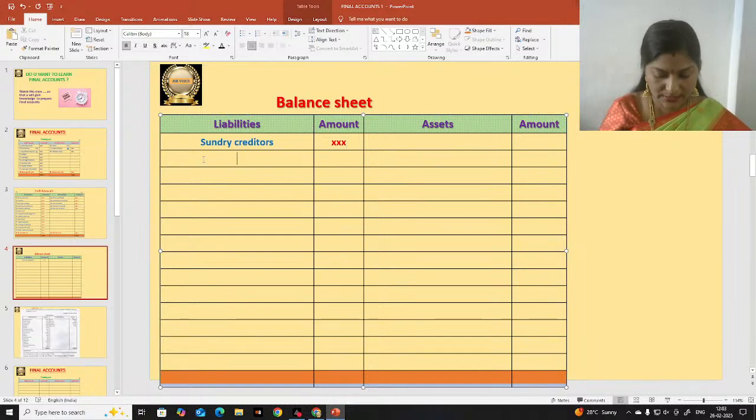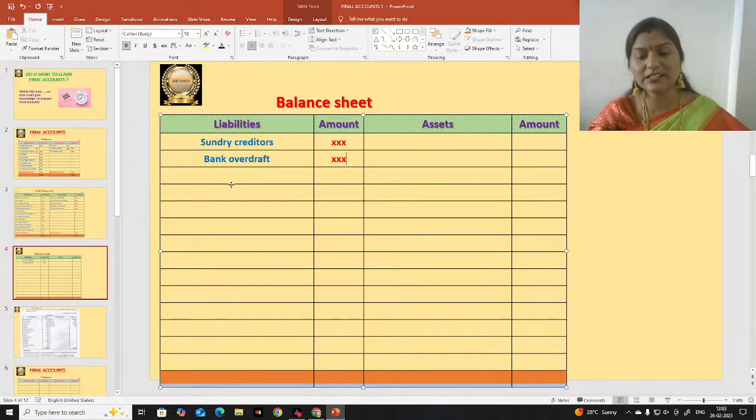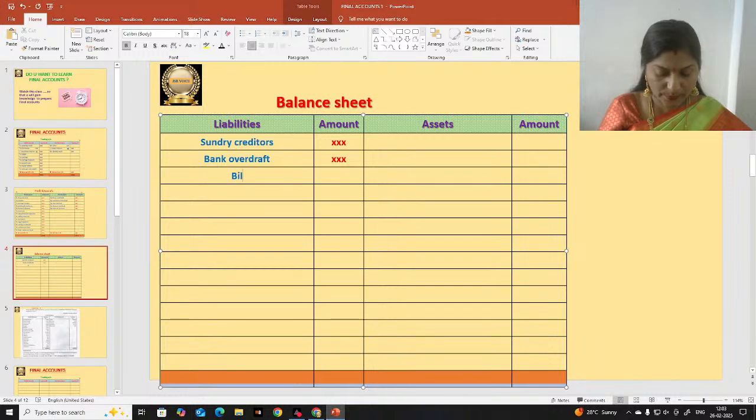Next liability is bank overdraft. Bank overdraft also is a very important liability that you should remember compulsorily. In the amount column we are going to write the amount, but here I am mentioning XXX because this is a format. Next, bills payable. Bills payable also is one liability which you have to remember compulsorily when you prepare the balance sheet.